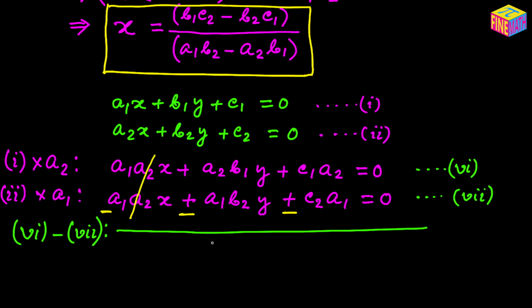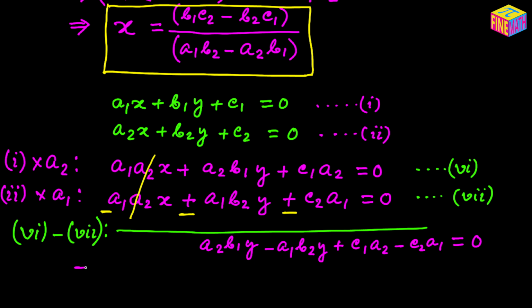So after the subtraction, we are going to get a sub 2 b sub 1 times y minus a sub 1 b sub 2 times y, and then plus we have the c and a terms also here. So it would be c sub 1 a sub 2 minus c sub 2 a sub 1. All of that is equal to 0. That's the result of our subtraction.